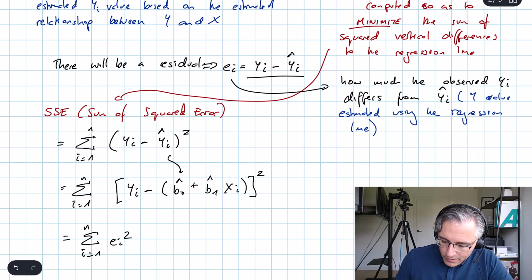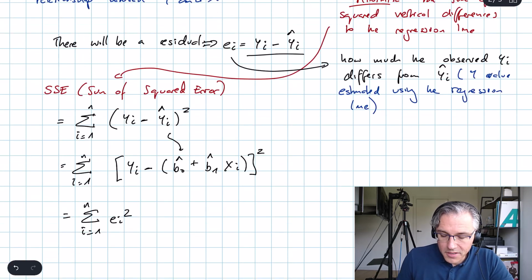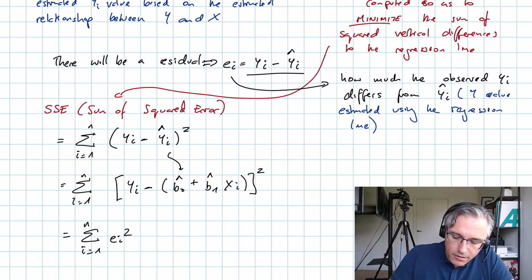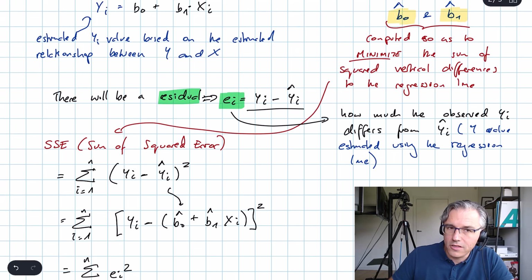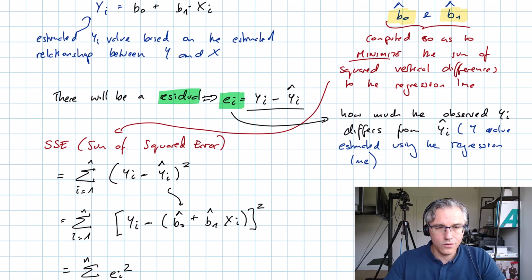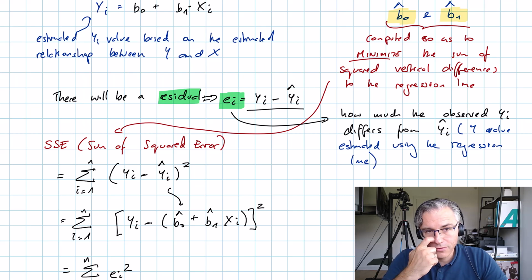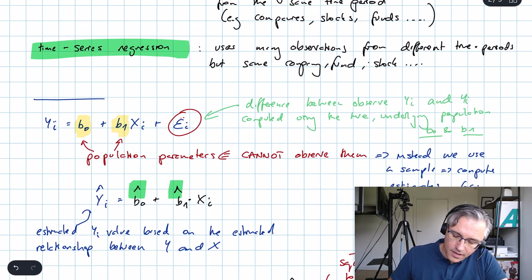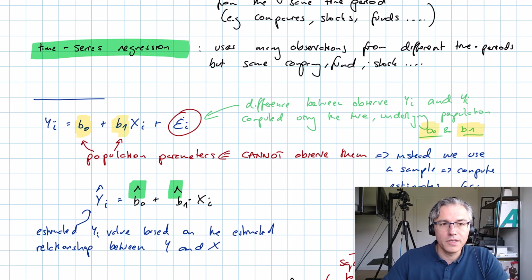Conceptually this is a big difference. In reality, it won't be so much of a difference, but your book talks about it. The difference between the so-called residual, the difference between the observed and what your model predicts, which is based on coefficients computed from a sample, so B0 and B1 hat, versus the error that you would get if you had access to the true B0 and B1.